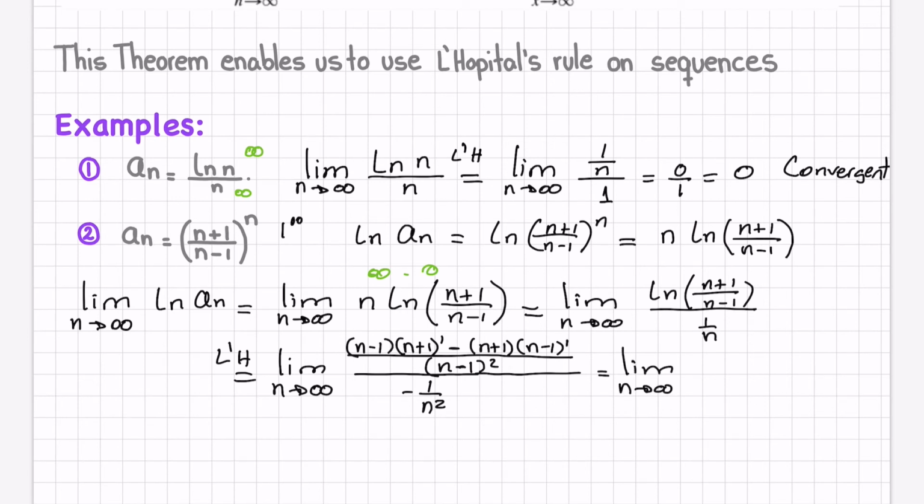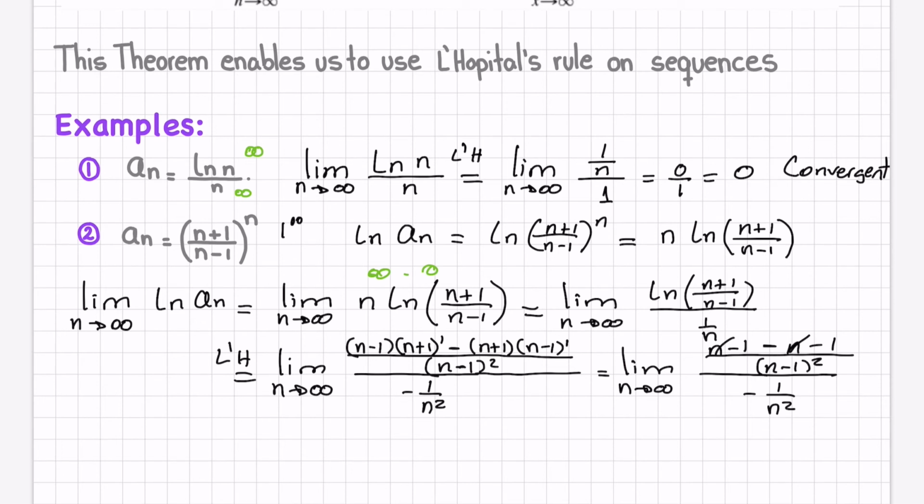Okay. So just derive here. The derivative of n plus 1 is 1. So we have n minus 1 here, minus, and then the derivative of n minus 1 is 1. With this negative sign, we get negative (n plus 1) over n minus 1 squared.